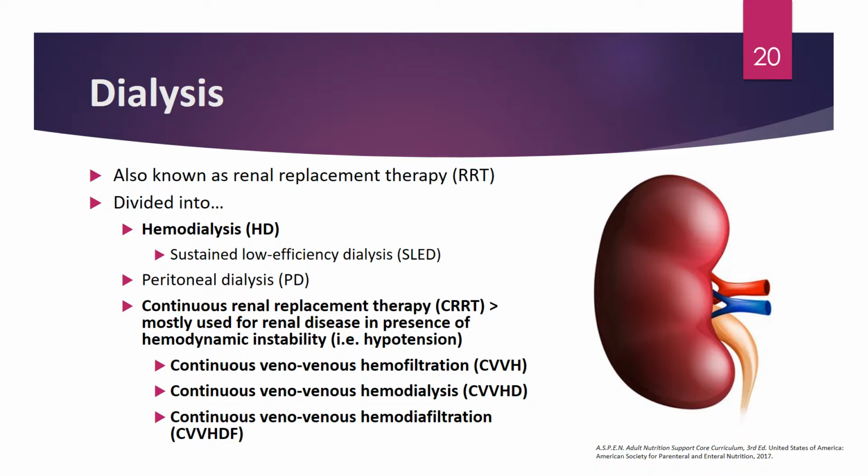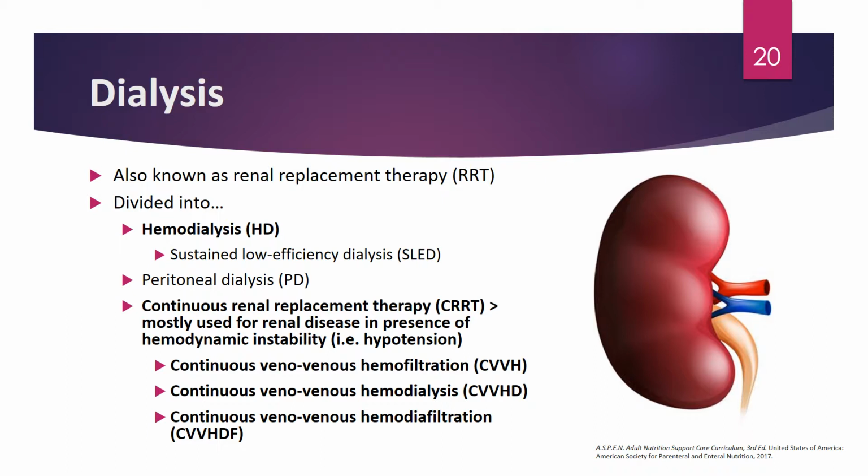So for these different modes of dialysis, while I don't necessarily want you to know what the difference between CVVHD, CVVH, and CVVHDF is on a molecular level, what I just want you to know is that these are types of continuous renal replacement, and I want you to know, obviously, the name of the dialysis and the abbreviation that goes along with it, and if it is hemodialysis or CRRT in nature.